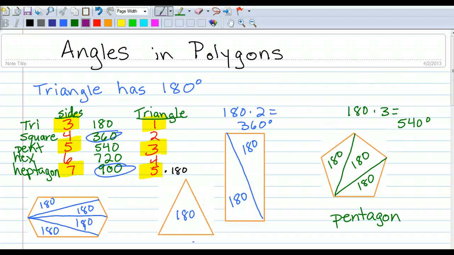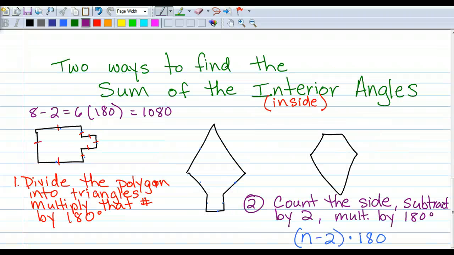This next one was my heptagon. Come on, let's change pages so we can get there and show everybody. This was my heptagon. 1, 2, 3, 4, 5, 6, 7. 7 minus 2 equals 5 times 180. It's going to give me the same amount as any other figure with 7 sides. I believe that was 900 degrees.